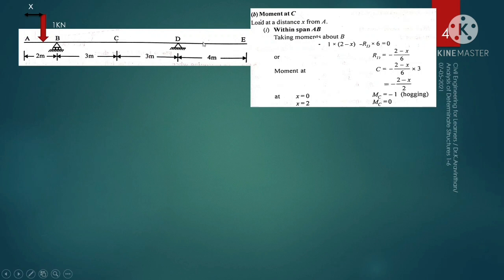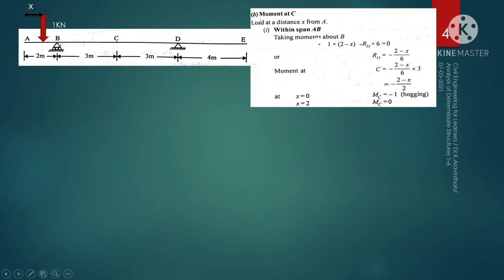RD into 6, this will be anti-clockwise, so this will be minus, and 1 into 2 minus x, so I will get the remaining distance. This will be anti-clockwise, hence it is negative. If I take RD into 6 outside, I will get 2 minus x divided by 6, in terms of minus. Let us substitute the coordinates, that is x equal to 0 and x equal to 2. Now we got the value of RD.